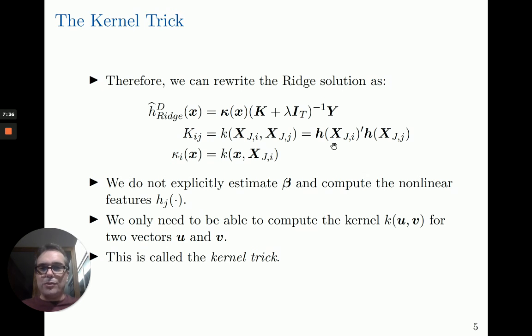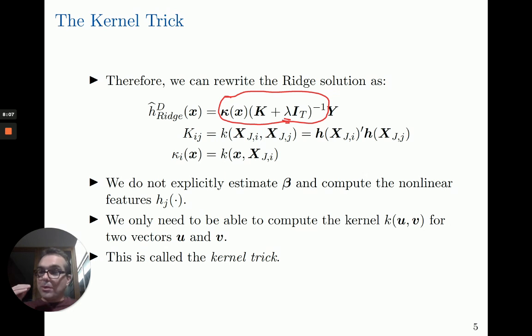Of course, you have to determine lambda. How do you determine lambda? The same way as we did before. We can run cross-validation, or we can look at the trace of the smoothing matrix, which gives us the degrees of freedom, and we can use information criteria.